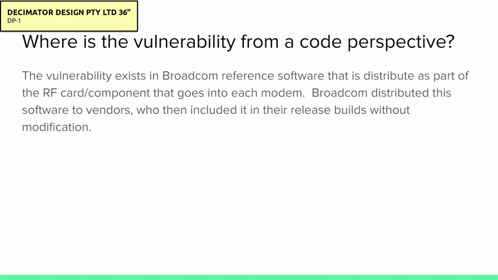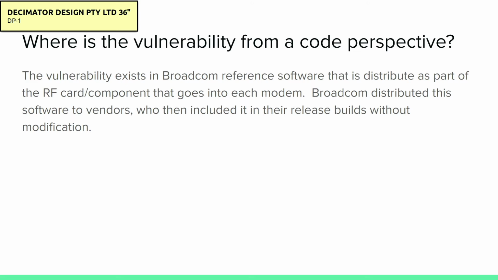You might think that this is a vendor problem, but it's actually a vendor-vendor problem. The vulnerability exists in Broadcom reference software, which means Broadcom builds the coax chip that handles the RF connection, and along with that, they provide the vendors they sell to reference software that contains this spectrum analyzer service. So it's not necessarily part of the vendor's code.